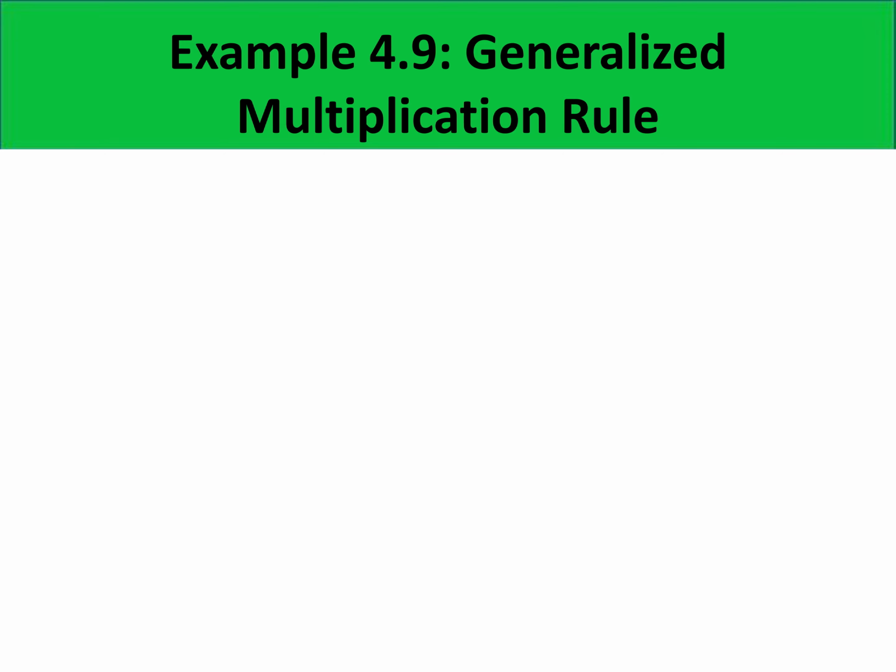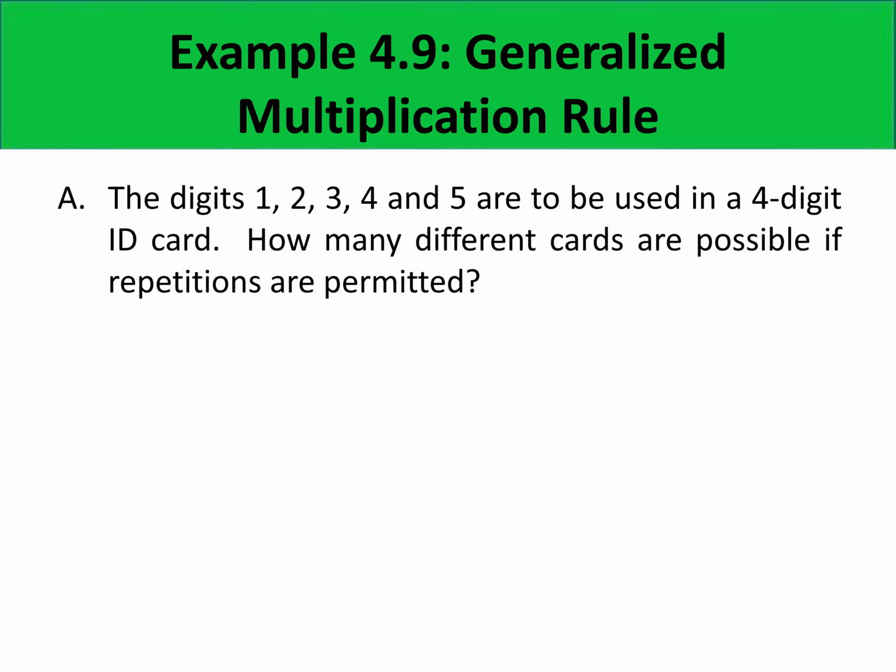Another example would be: the digits 1, 2, 3, 4, and 5 are to be used in a 4-digit ID card. How many different cards are possible if repetition of digits is permitted? Since we are forming a 4-digit number, we need to determine the number of possible digits that can be used for each position.